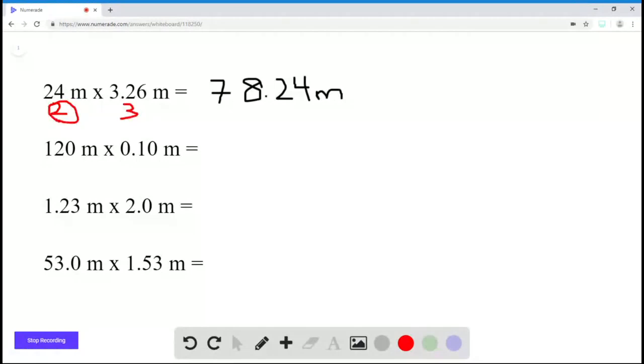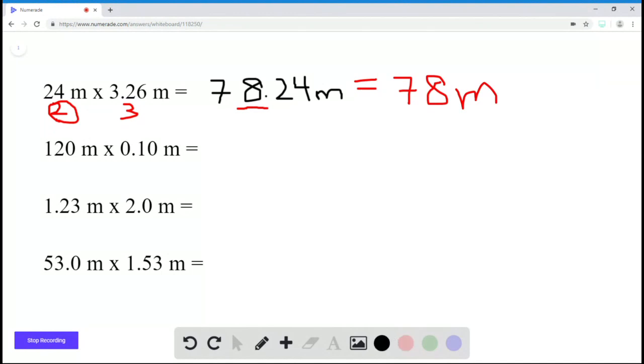So you want to round your final answer to 2 significant figures. That would be to this point here. Because everything after this 8 is lower than 5, you're not going to round this value up. So your final answer for the first one is just going to be 78 meters.